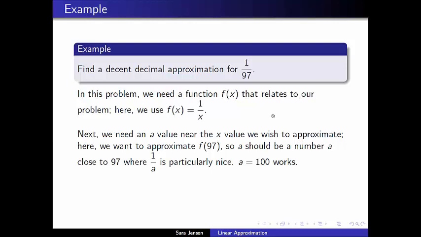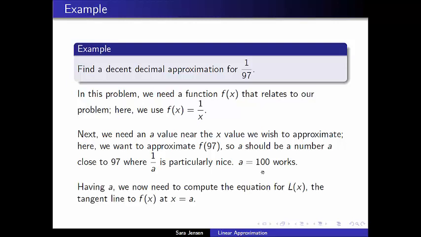Since what we're trying to compute is 1 over 97, which represents f of the input value, 97, the a value that we're looking for should be sort of close to 97 and should be particularly nice when we plug it into the function f of x. So here, our a value should be some sort of number close to 97 where 1 over a is nice. We're going to choose to use a is equal to 100 because with our decimal system, looking at something like 1 over 100 is super easy.